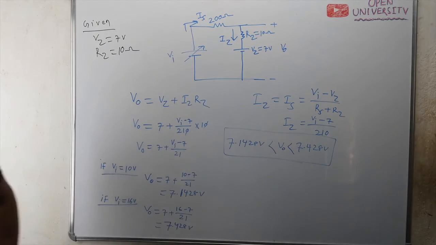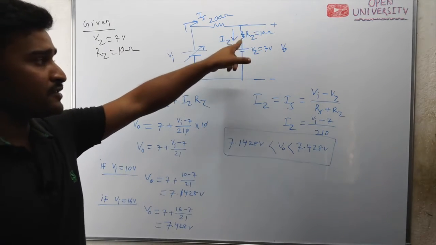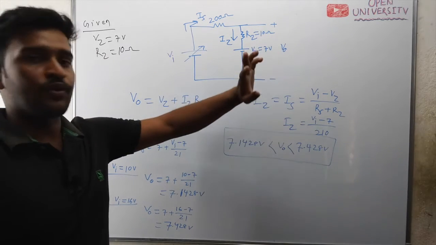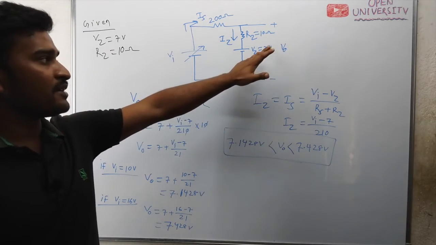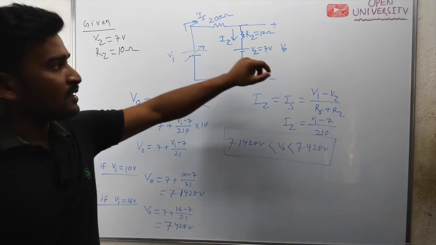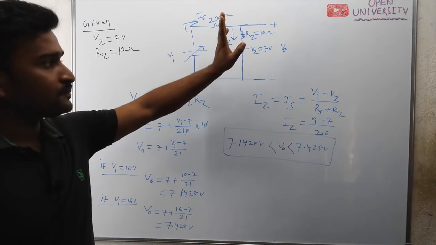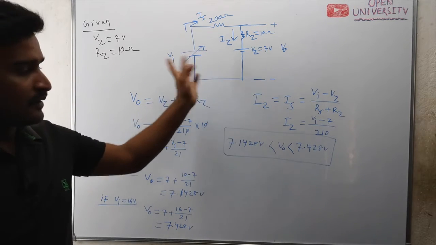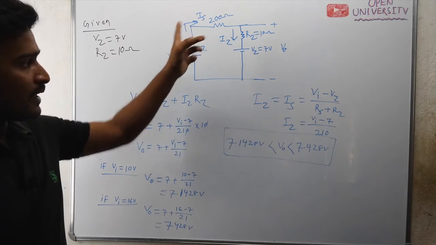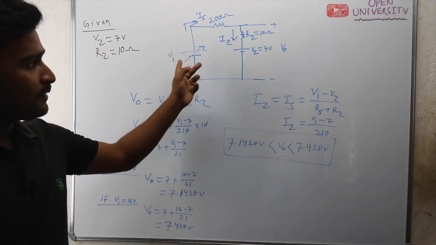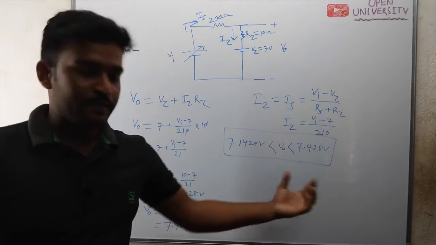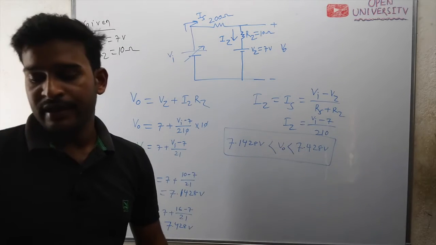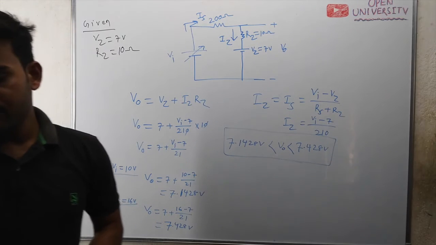If RZ is not present, that is, if the RZ value is not given, then the output voltage will be 7 volt, constant. But since RZ is present and the input is varying, the output voltage will vary by a little amount from 7.1428 volt to 7.428 volt. So write down this point.